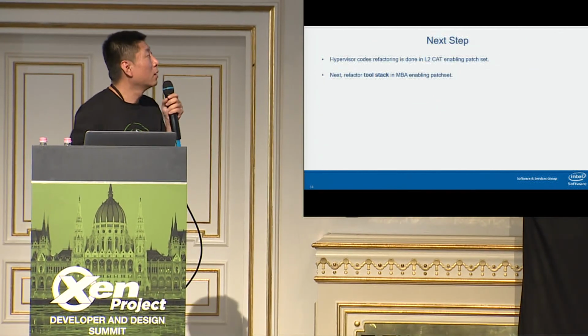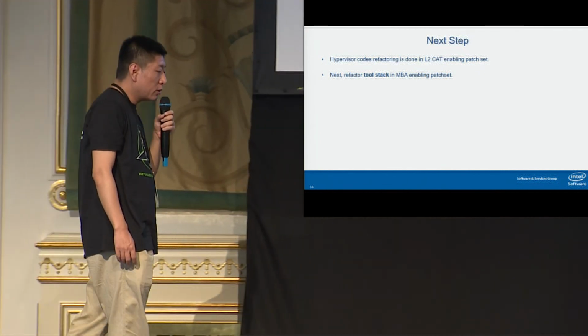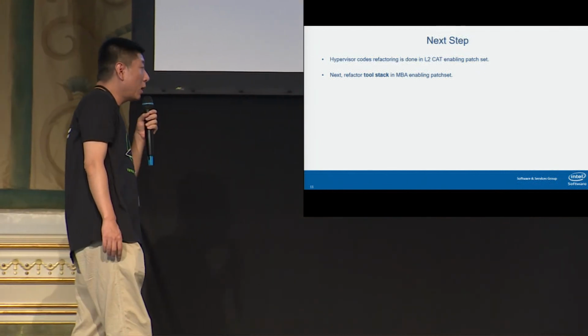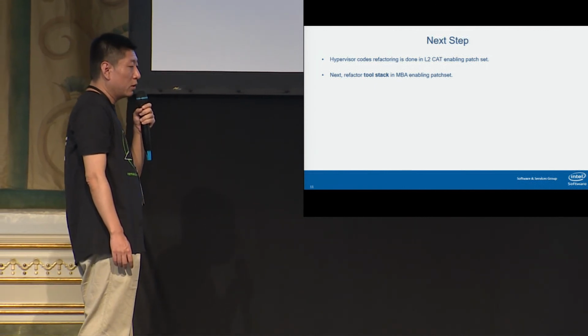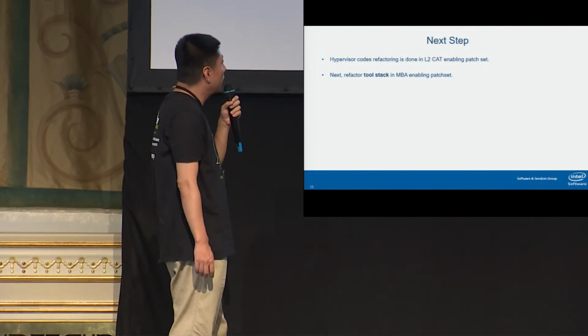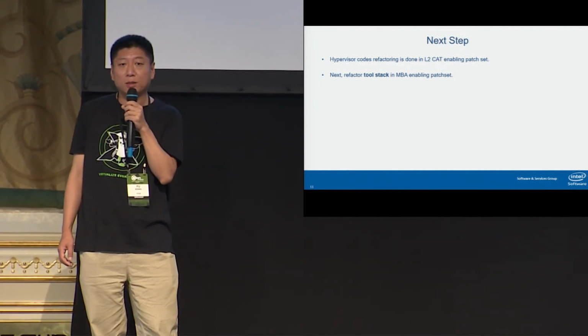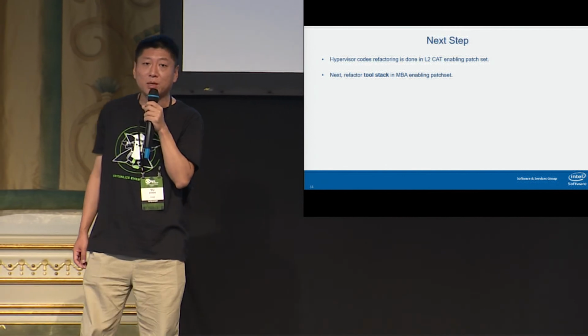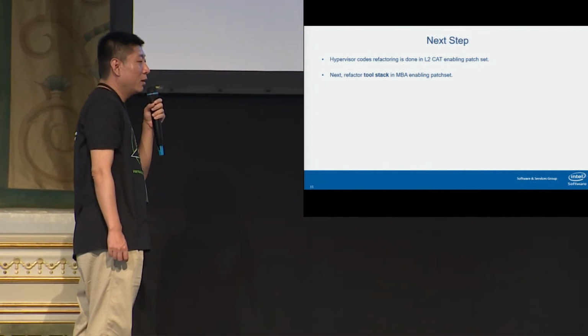Okay. So for now, we have sent out 13 versions of the L2 CAT patch set. For the 13th version, we have received quite a lot of review comments, and most of these patches have been reviewed or acked.